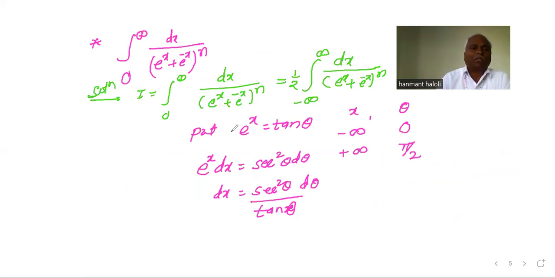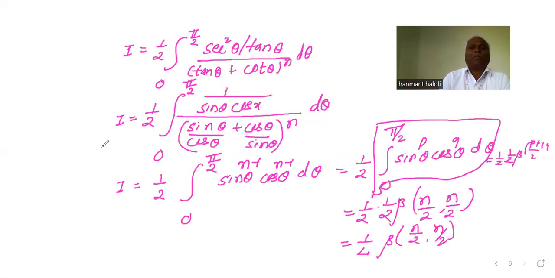After substitution, afterwards you do the change of limits, x and theta, and that must be converted into a solvable integral form. And like this you get it, and this is also one of the important beta function properties, and that will solve here. Like this you can solve any type of beta function by using the properties.